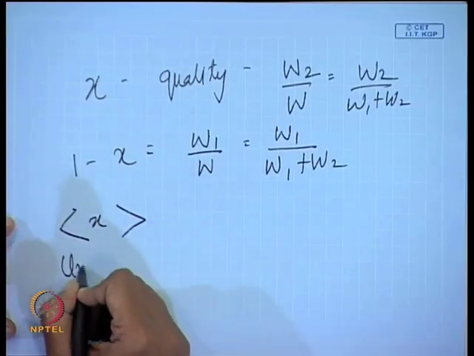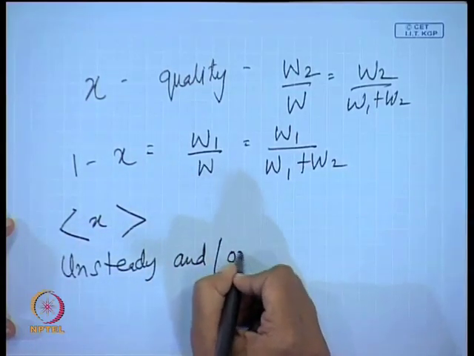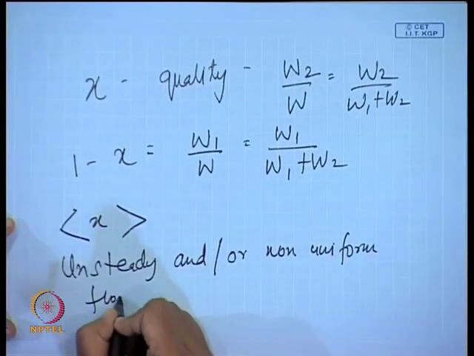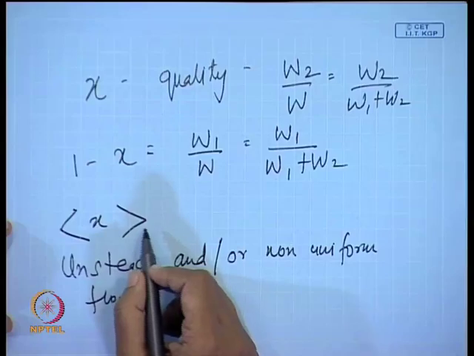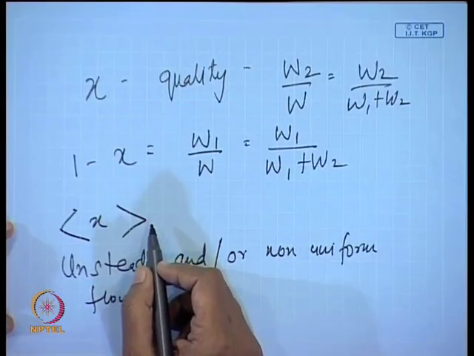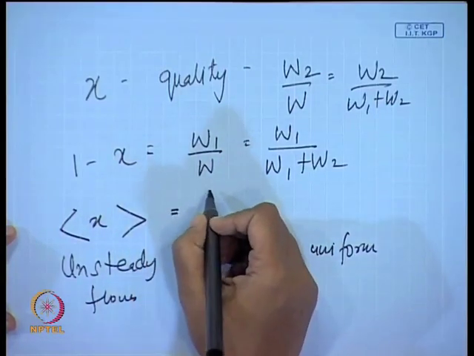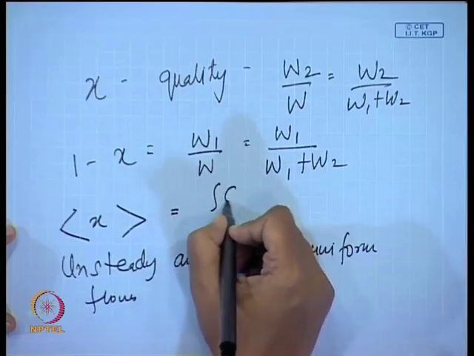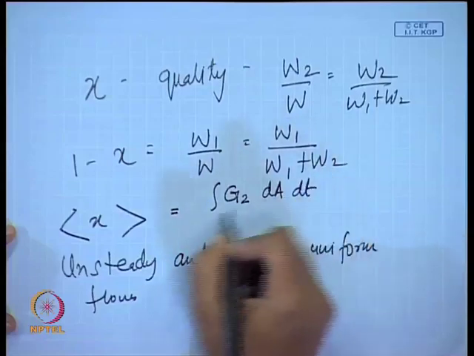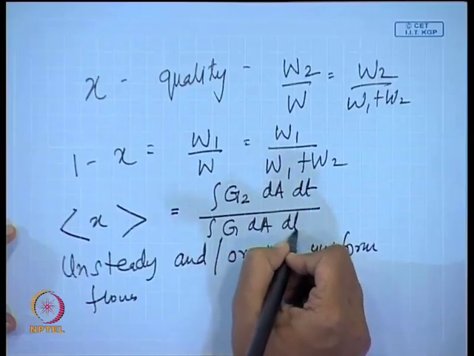But when we have unsteady and or non-uniform flows, x has to be subjected to averaging. The average has to be taken over a specified surface for a particular period of time, and this is usually referred to as the integral of the mass flux G2 dA dt divided by the integral of G dA dt.